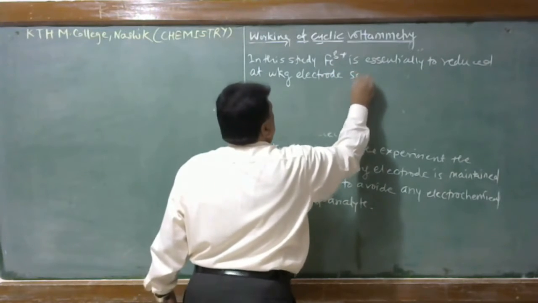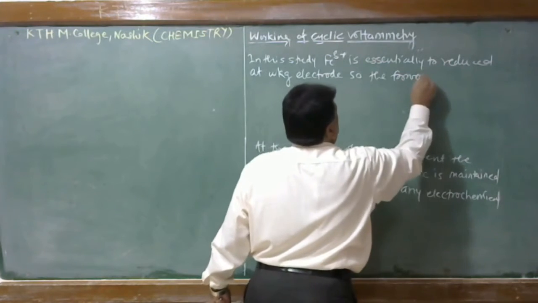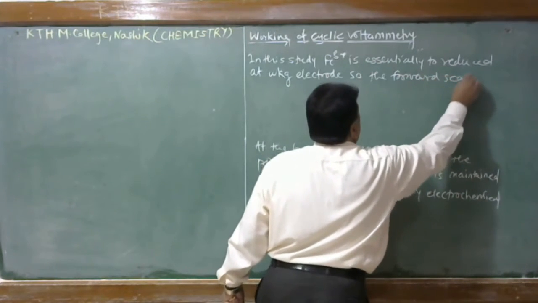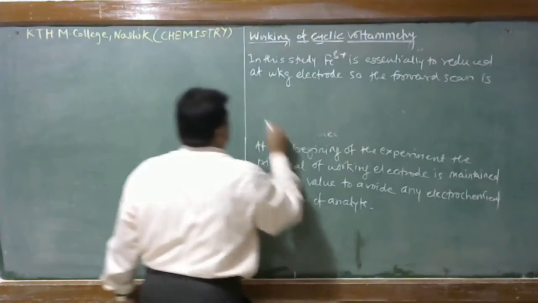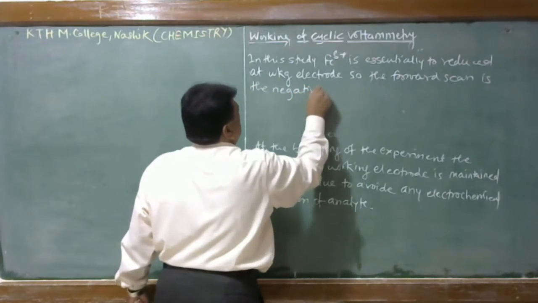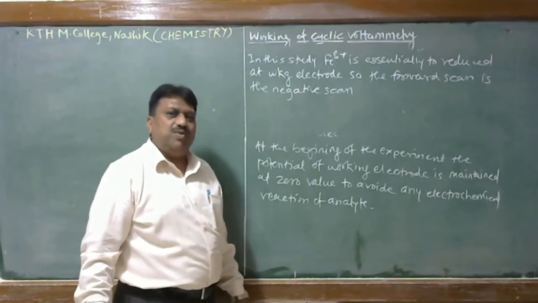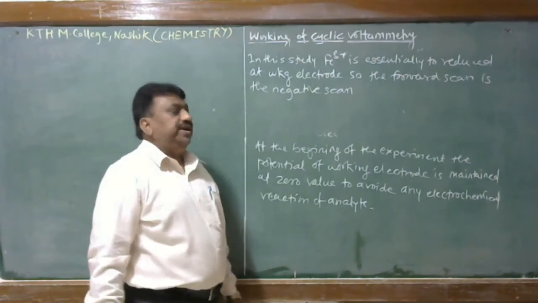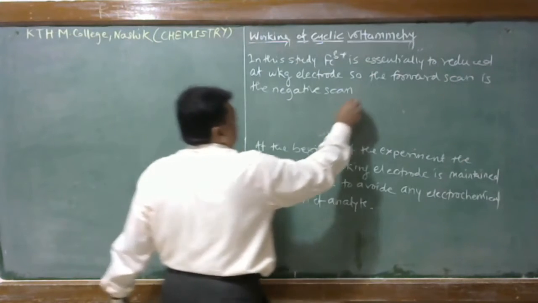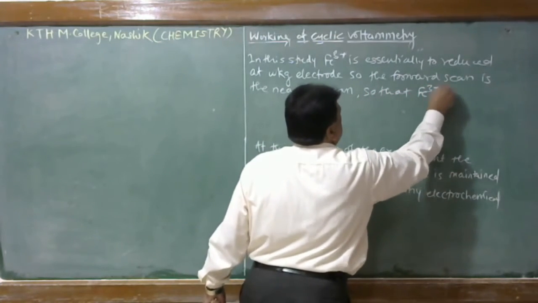So the forward scan is the negative scan. That means here we can increase the potential of working electrode from less negative to more negative, so that Fe3 plus is reduced.